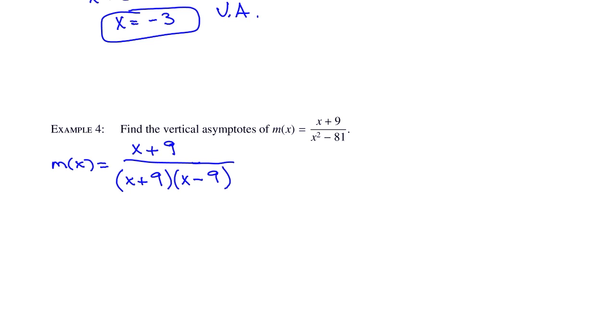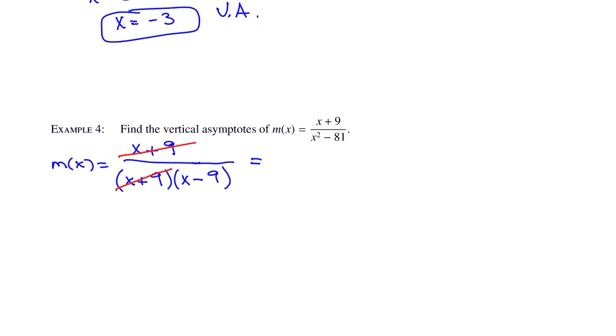That, of course, is called the difference of two squares. Notice that you have the same factor in the numerator as in the denominator. When you have that, they cancel.